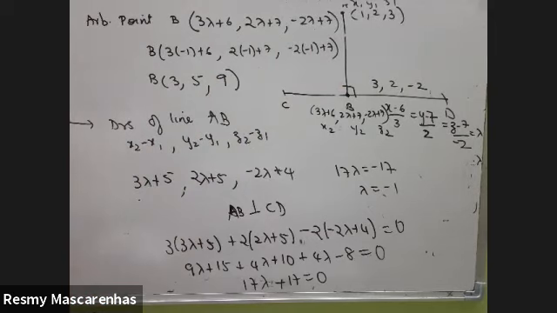And then find length AB using the distance formula if they have asked to find the length. Now, the foot of the perpendicular and the length are both asked, so find the length also.